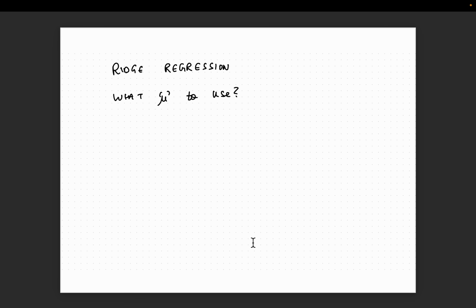Okay, how do you choose what value of mu you want to be using for the data? What penalty term do you choose? Good. So the first thing is to ensure that you understand that mu is a hyperparameter.